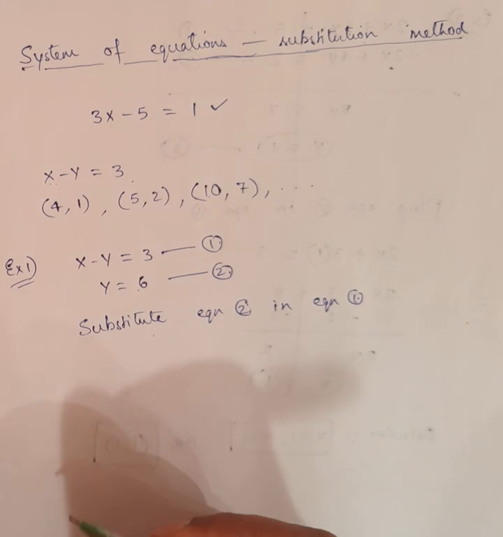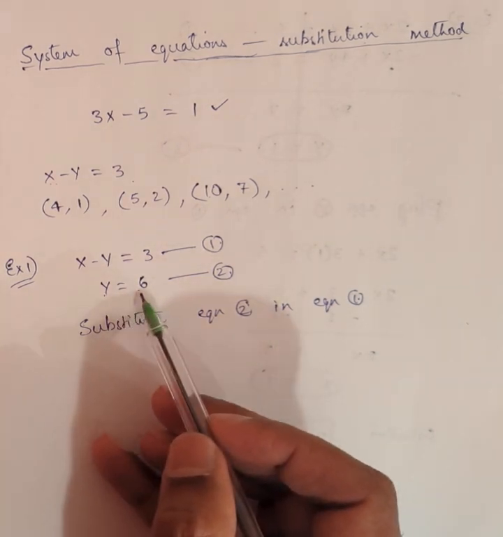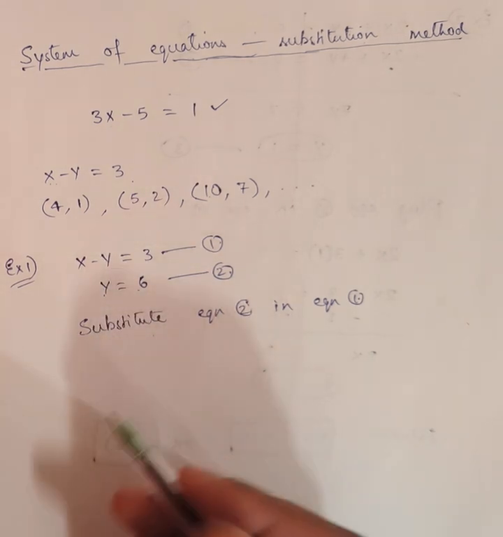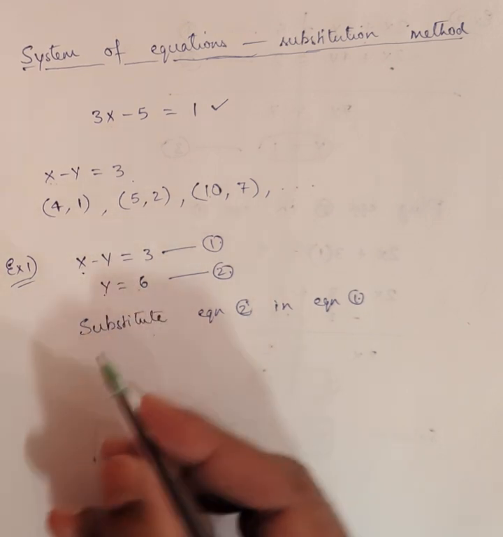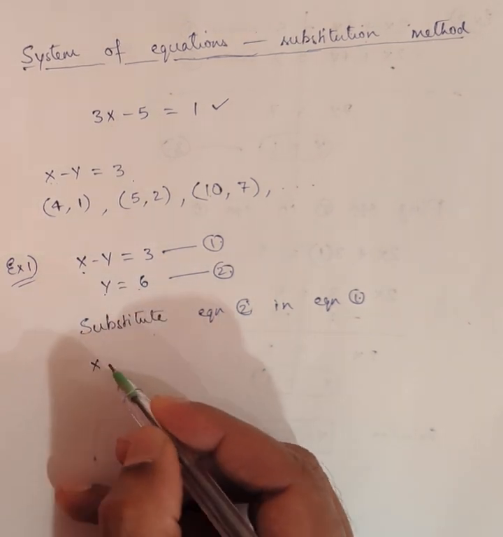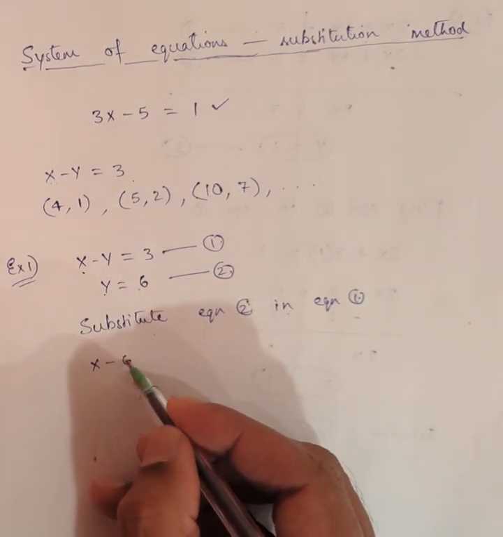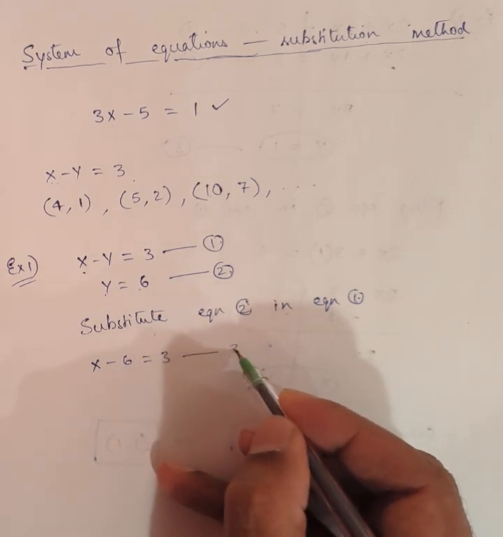What does that mean? Equation 2 says y equal to 6. So wherever I see y, I'm going to replace it with 6. So if I rewrite equation 1, it would be x minus 6 equal to 3. Call this equation 3.